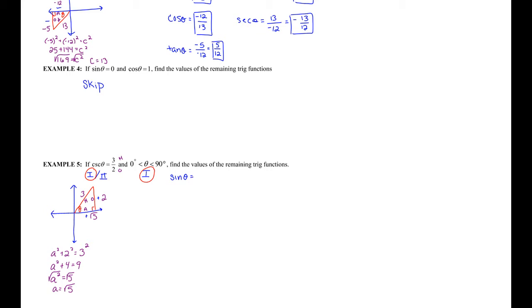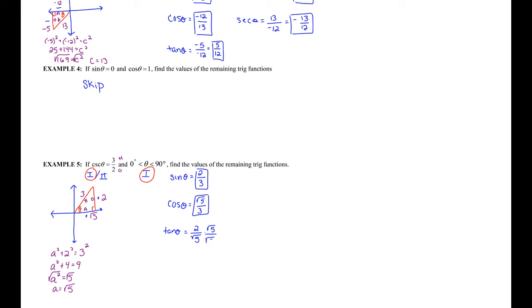Cosine of theta is the adjacent side over the hypotenuse, so I get root 5 over 3. Tangent of theta is the opposite side over the adjacent side, which I need to rationalize by multiplying by root 5 over root 5. So I get 2 root 5 over 5.